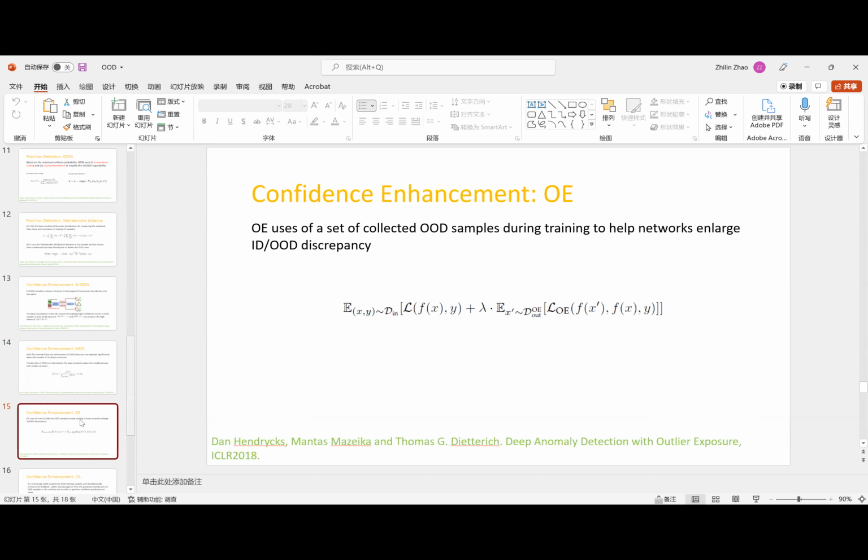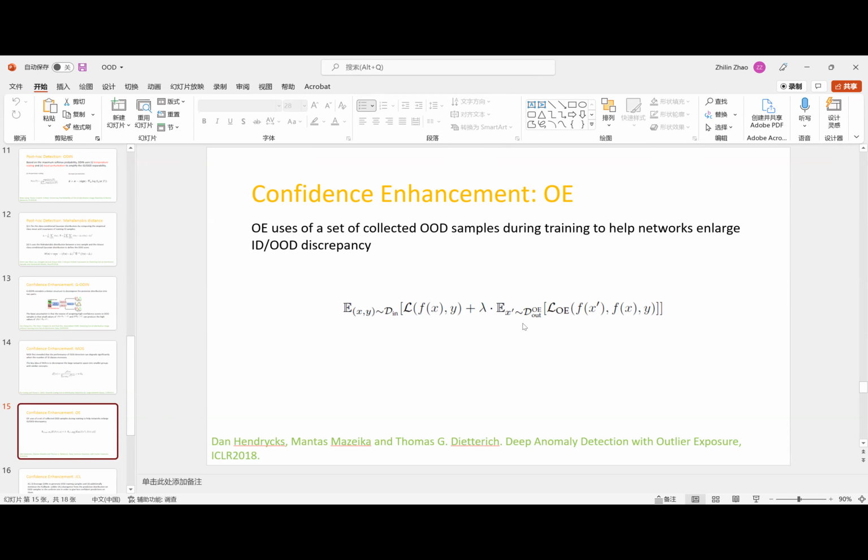The next method is named OE. This method tries to involve out-of-distribution samples in the training phase to improve the OOD sensitivity of your network. You can see the objective function. The first term is the traditional cross entropy, and we bring some OOD samples into the training phase according to the second term.